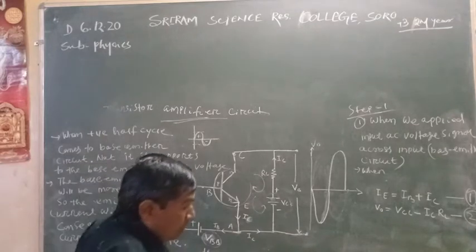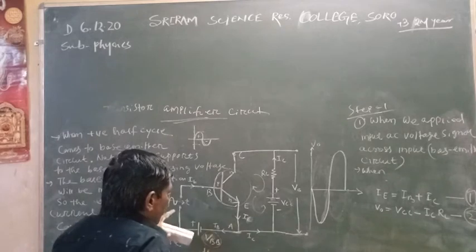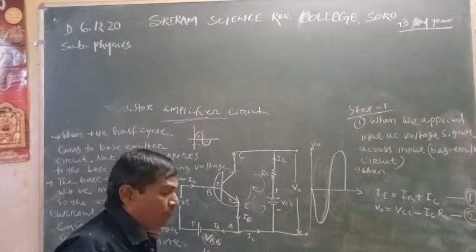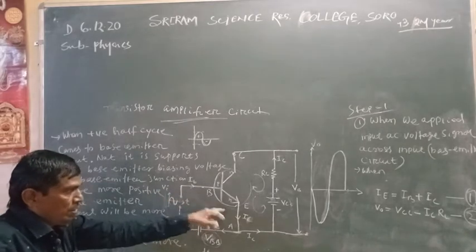This is when we applied the input AC signal to the input circuit, the base emitter junction.